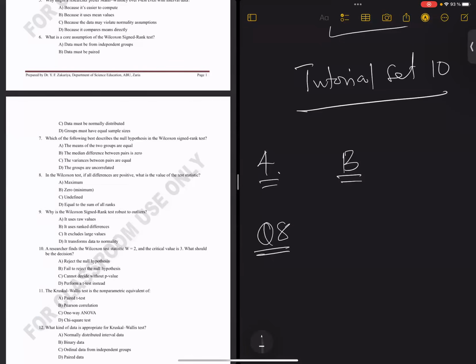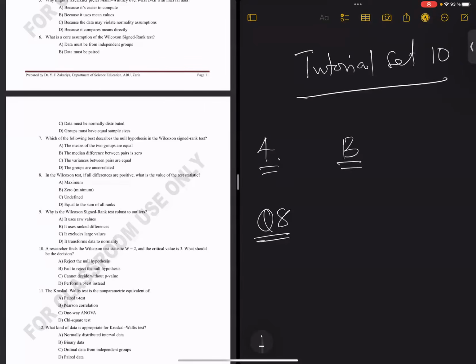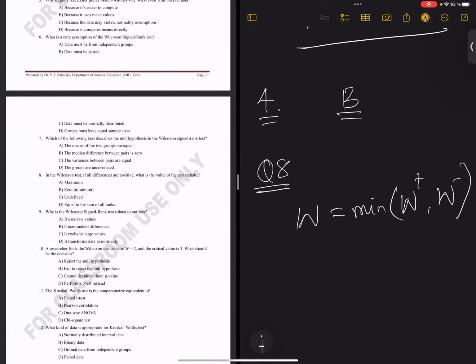This question is amazingly simple, and at the same time can be confusing. Remember in the Wilcoxon, W is the minimum of positive and negative, because it's signed rank. If the differences are all positive, you'll be dealing with only positive differences, and being positive means it is greater than 0.